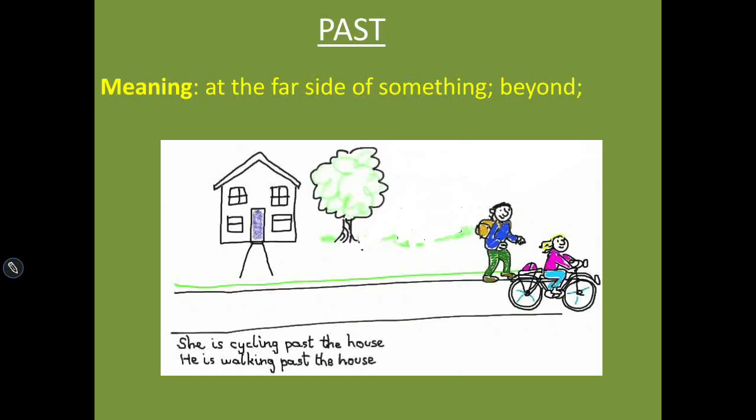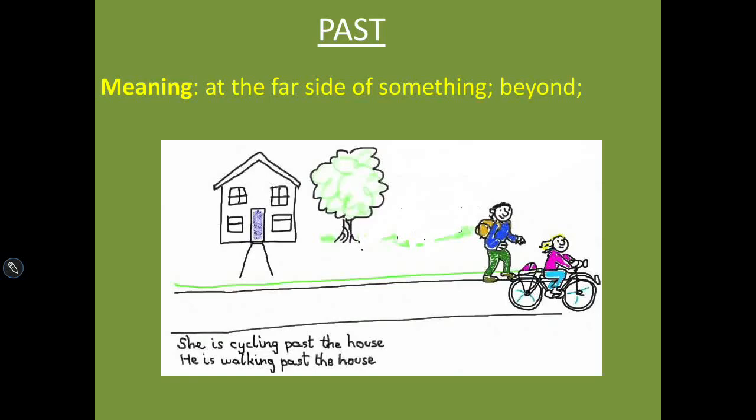In this picture you can see there is a girl who is cycling and a boy. She is cycling past the house. On the way, she came closer to it, but now she has left it behind and is moving forward.